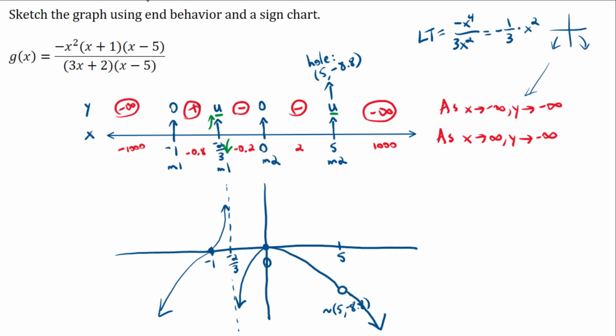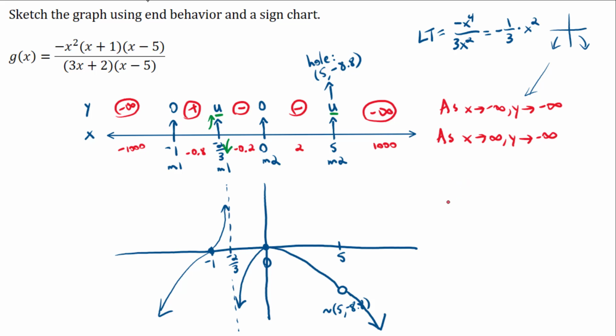Negative 2/3 has an odd multiplicity, so the output sign changes again to a negative. 0, though, has an even multiplicity, so the sign stays the same. And 5 has an even multiplicity, so the sign stays the same again. So you can put all those pieces together and generate the sign chart quite a bit more quickly, but you really have to understand this leading term business to get the end behavior.